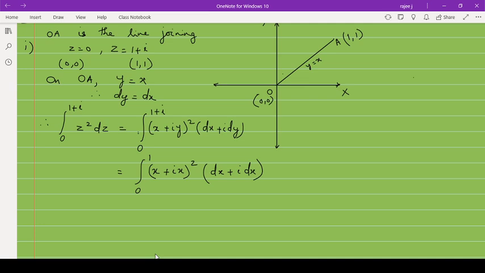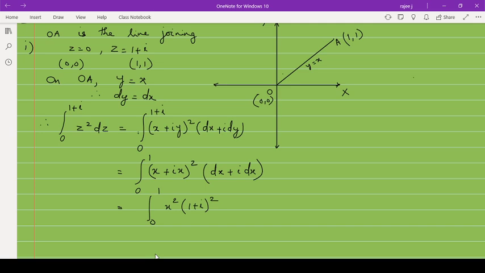Now that is equal to the integral from 0 to 1. We can take x common here, so x square into (1 plus i) the whole square, because x is taken out of this square, so it becomes x square.